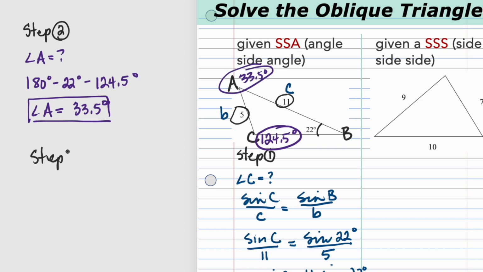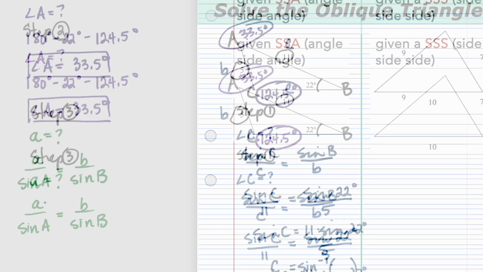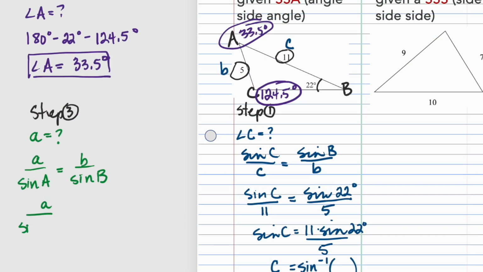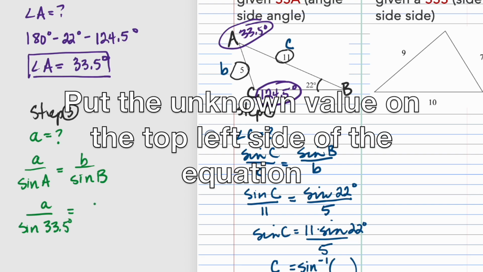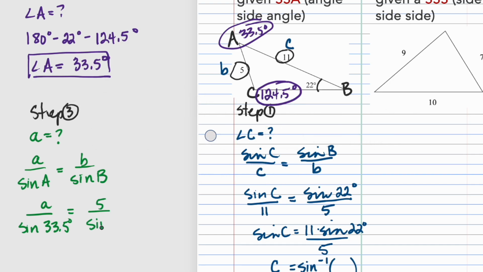Step 3, find side length A. A over sine of A is equal to B over sine of B. A over sine of 33.5 degrees is equal to B, 5, over sine of B, 22.